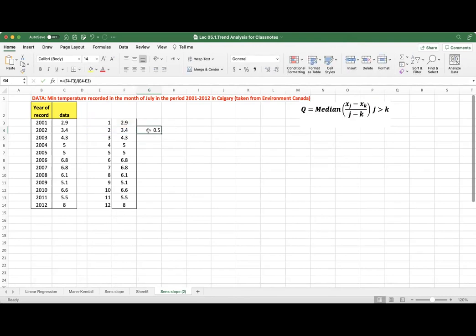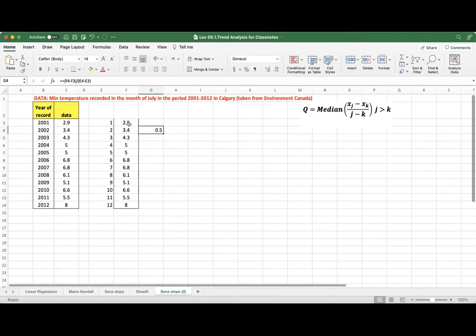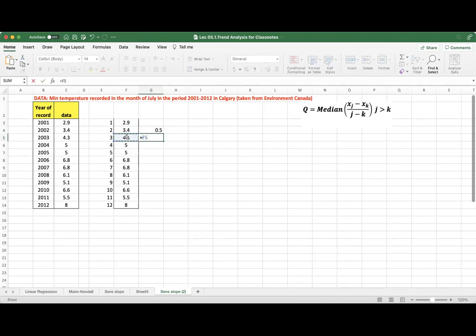Okay, so once I do this, I'm going to get these two pairs. And then these particular locations, we are going to compare this one and this one, so this one minus this one divided by this one minus this one.